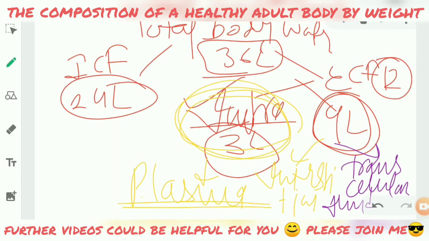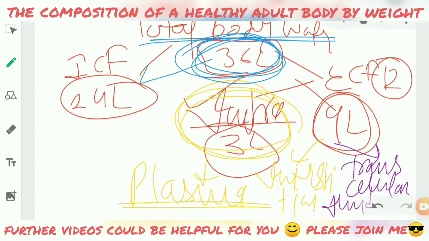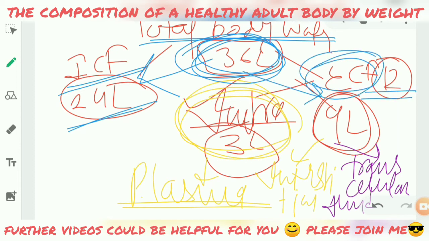Then if we talk about a flow chart, body water in total is 36 liter, in this 24 liter is ICF and 12 liter is ECF. In this 12 liter ECF, 3 liter is intravascular fluid and 9 liter is extravascular fluid.